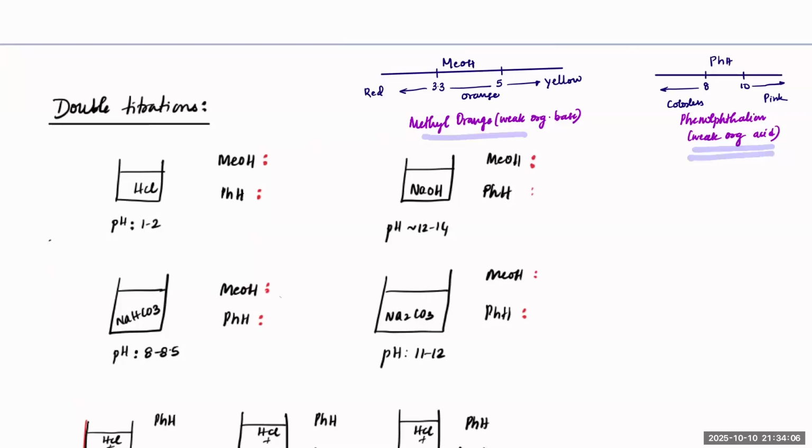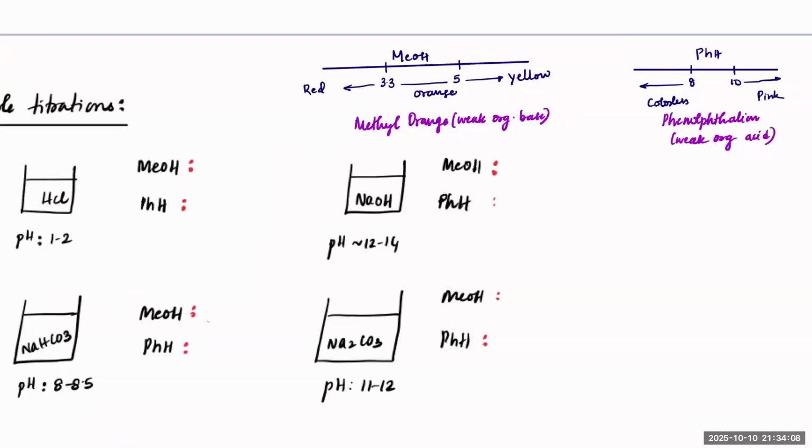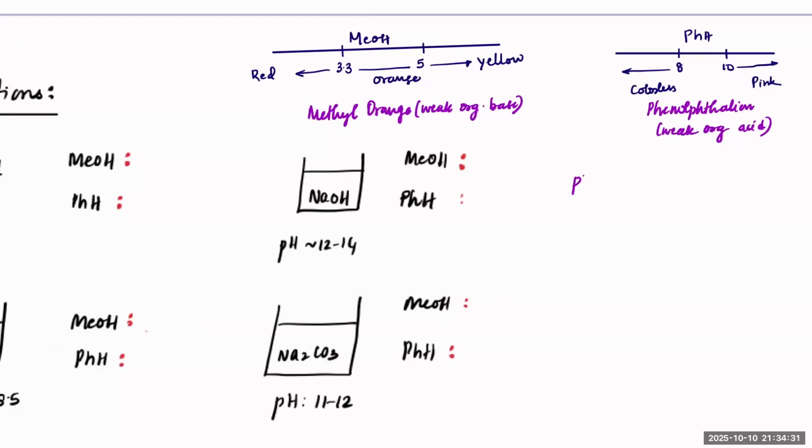Whenever methyl orange is added to the solution, depending upon the pH, I'm not sure if you are clear on pH, let me just give it in simple terms. pH is the measure of how many H plus ions are present in the solution. pH is always measured as minus log of H plus ion concentration.